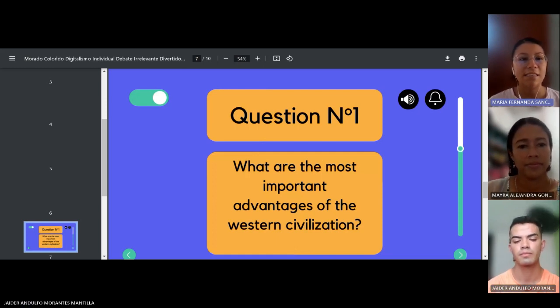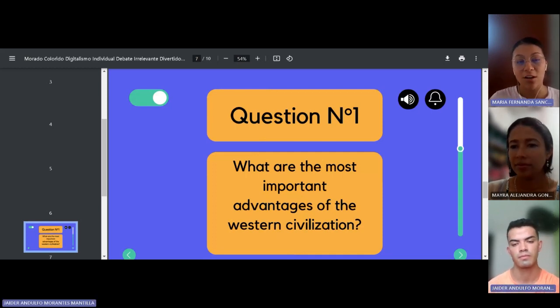The first one is the scientific advancements. Western societies, especially during the Enlightenment era, gave birth to groundbreaking scientific discoveries by figures like Newton, Galileo, and Darwin. These discoveries revolutionized our understanding of the natural world.